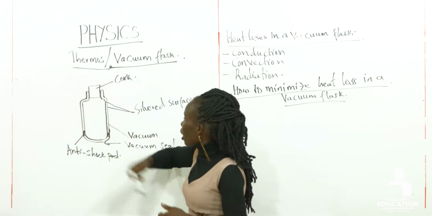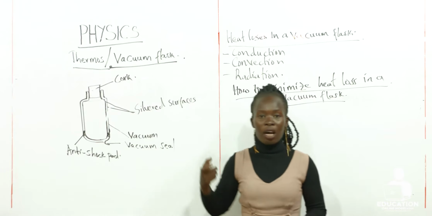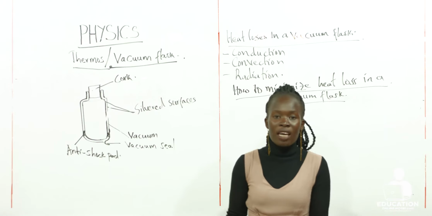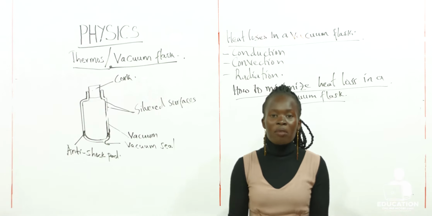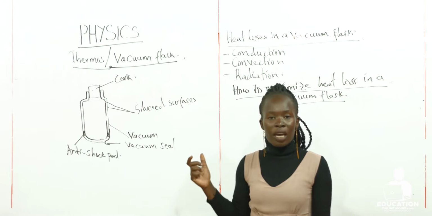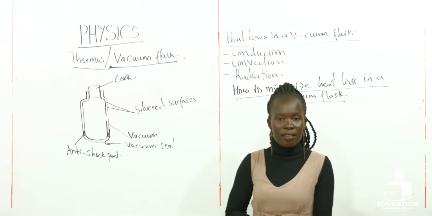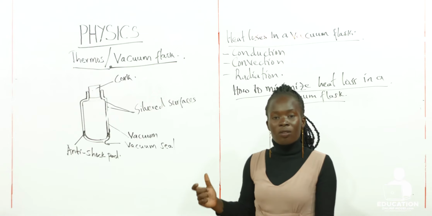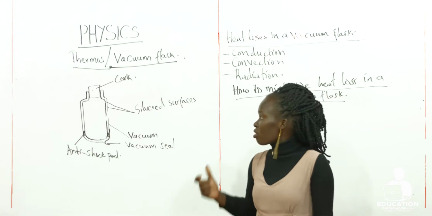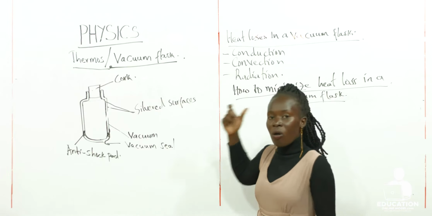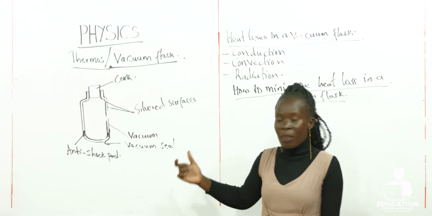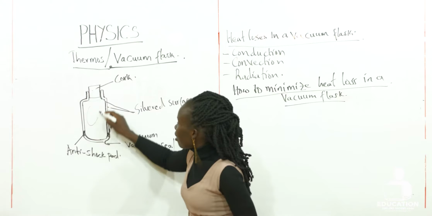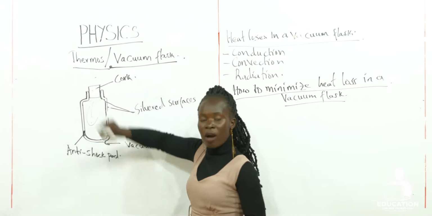This cork is mostly made out of wood. Wood is a very bad conductor of heat. That means the wood does not allow heat to flow through it easily. So for the liquid to lose its energy by conduction or convection, the cork is going to block it. Then the currents will not move out of the flask.